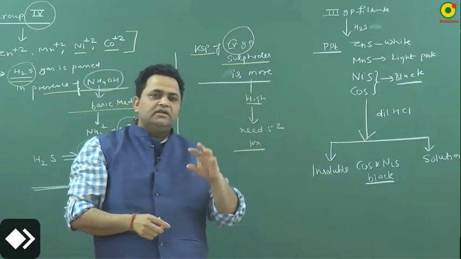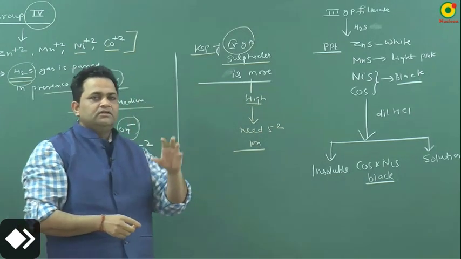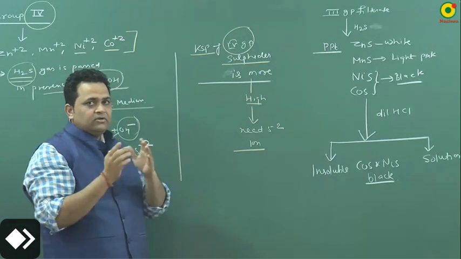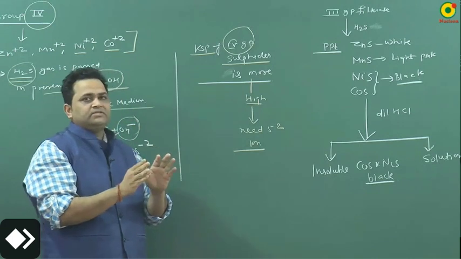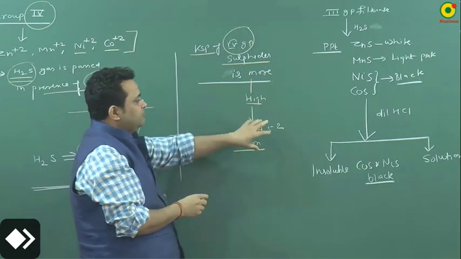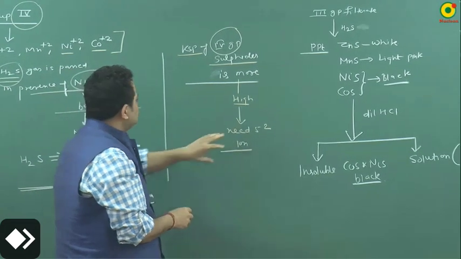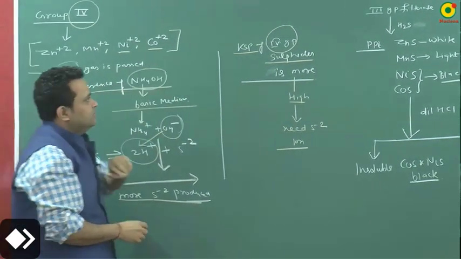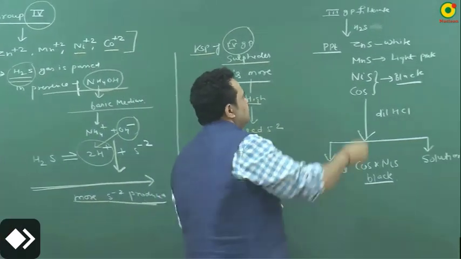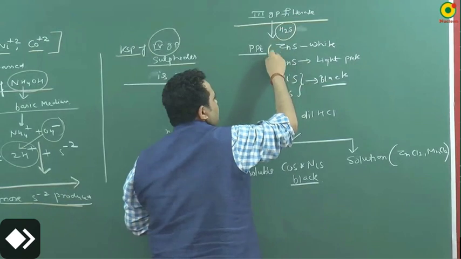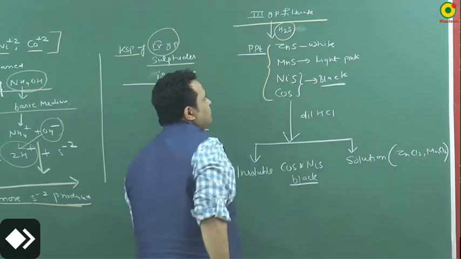In presence of HCl, H2S gas dissociation will be less due to the common ion effect. And fewer S2- ions were present during the second group. While in the fourth group, we need more S2- ions. So we are passing H2S gas in presence of NH4OH solution. Now the chart is that in the third group filtrate, we are passing H2S gas, and these 4 precipitates of group 4 will form.